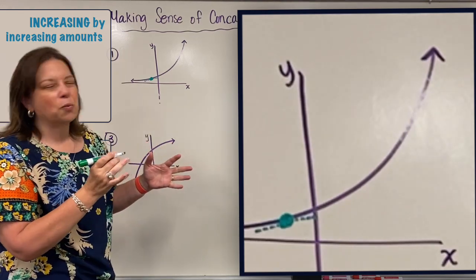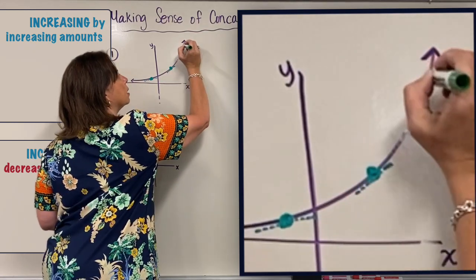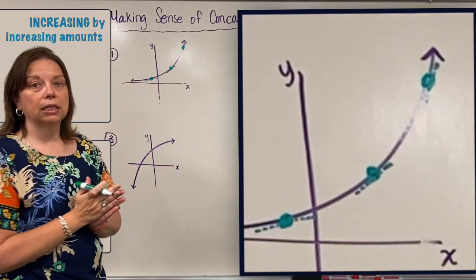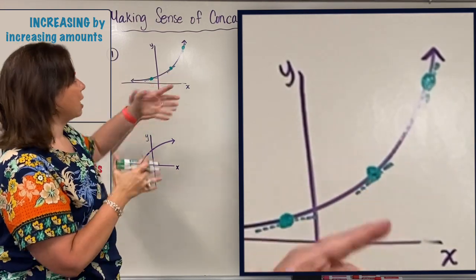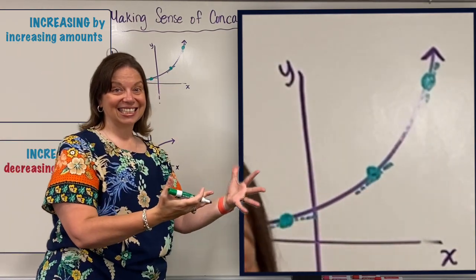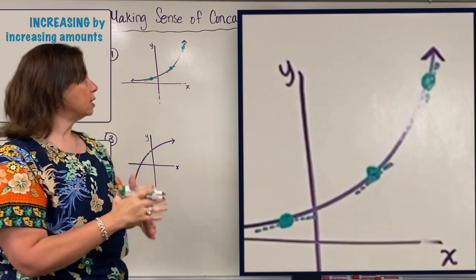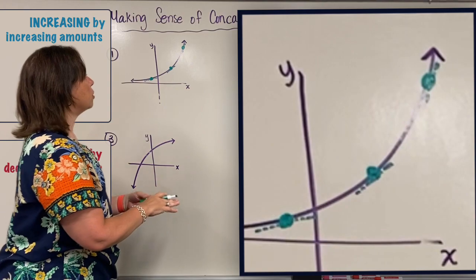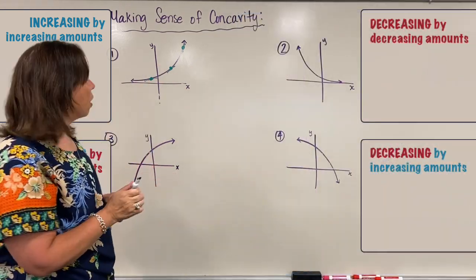And now let's draw a couple more, just so we can see. How about one right about here, and maybe one way up here? Remember, a tangent line is going to touch your function in just one place. Now, I have these little dashed lines to represent the tangent line that's not really there, but it's sort of like this measuring stick. We want to know how steep is the function at these spots on the graph.